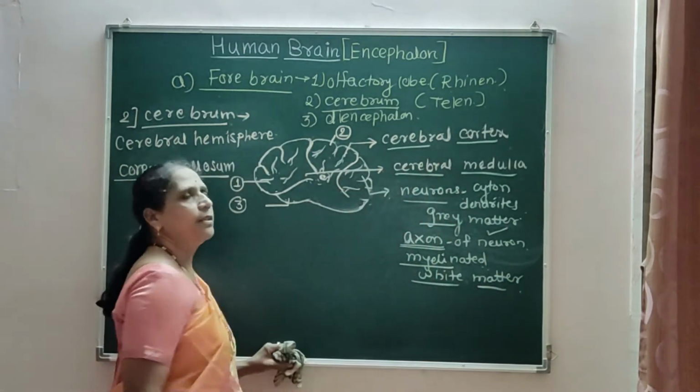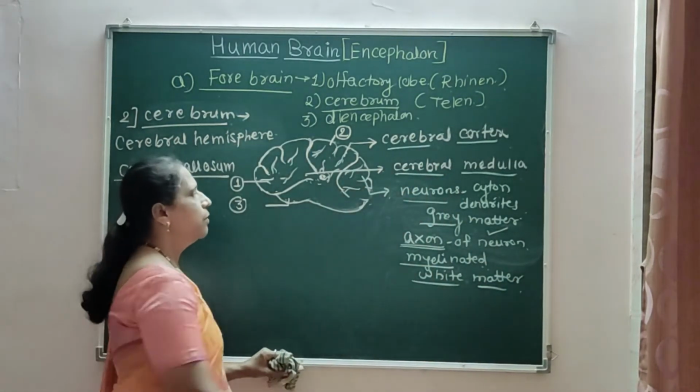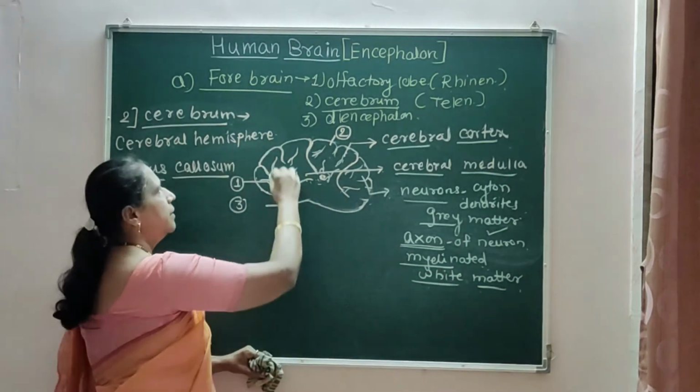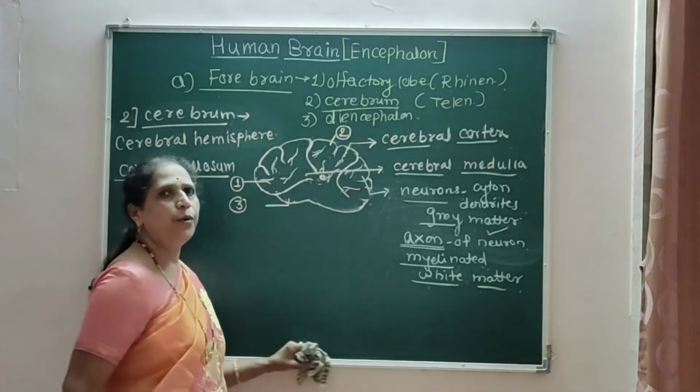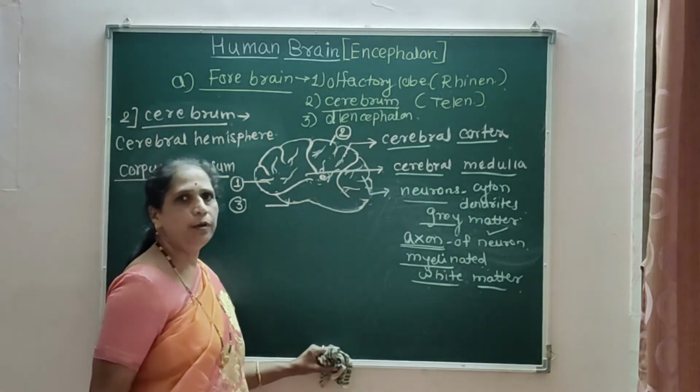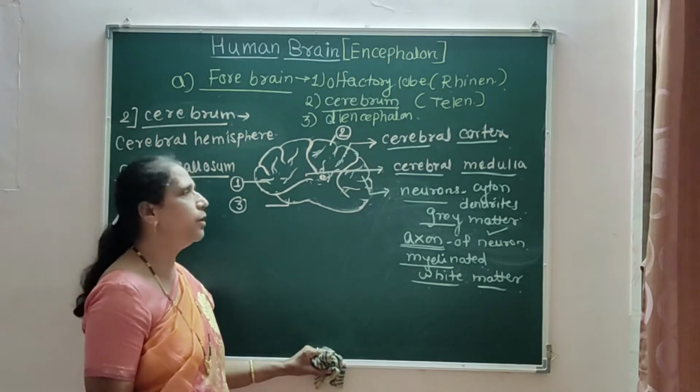So the cortex is made up of gray matter, whereas the medulla is made up of white matter, and the gyri and sulci divide the cerebrum into 4 major lobes.